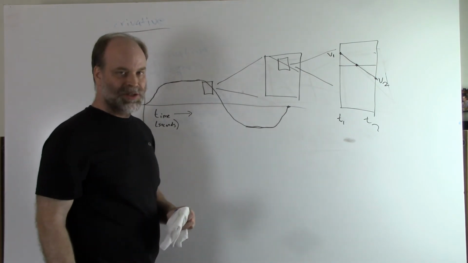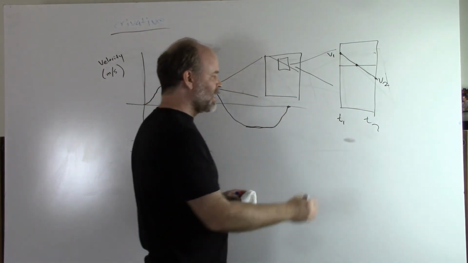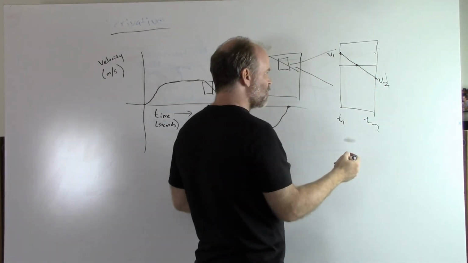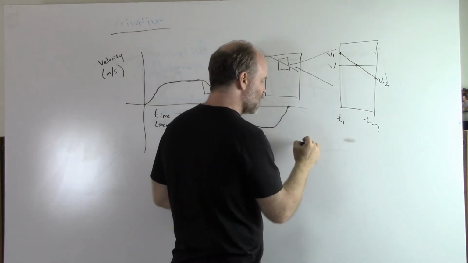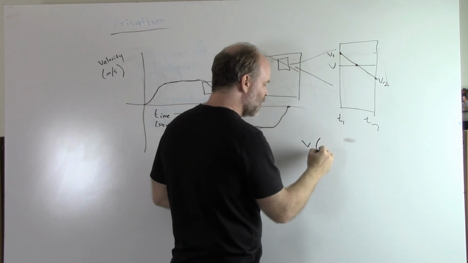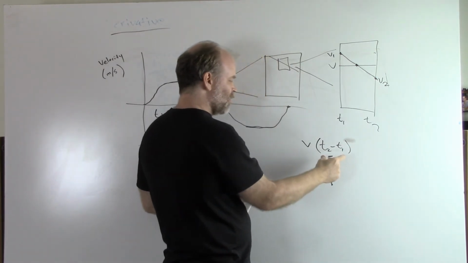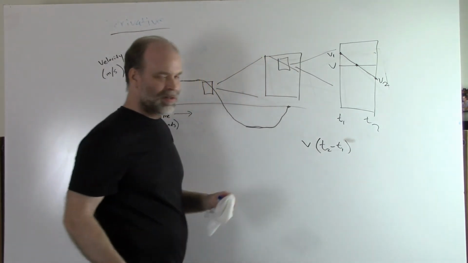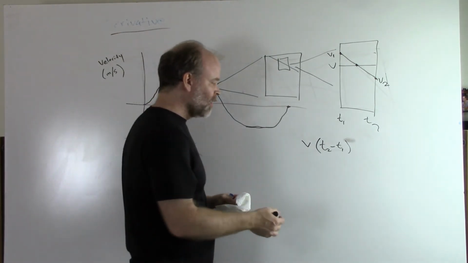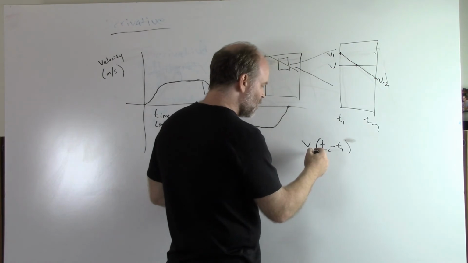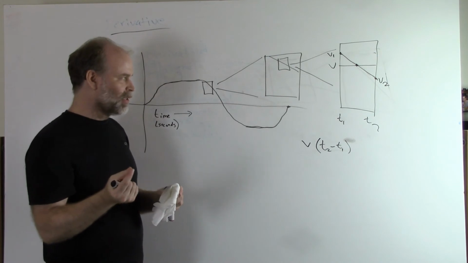So we can approximate the distance traveled between these 2 points in time as being the area of this rectangle, so we'll just call this one V. So it's simply we're multiplying now: velocity times T2 minus T1. The amount of time that it took and the velocity that was traveled at during that period of time. Now, that only gives us the distance traveled over a very small infinitesimal point in time.